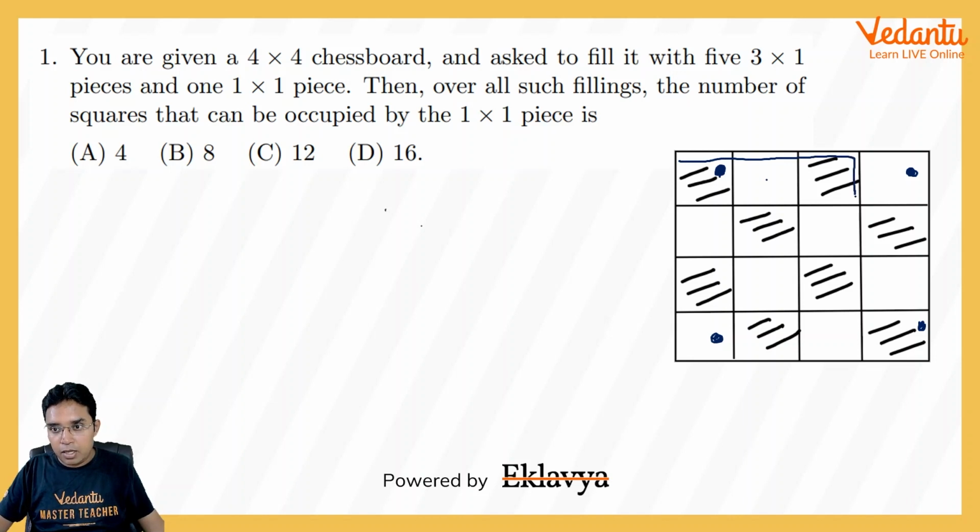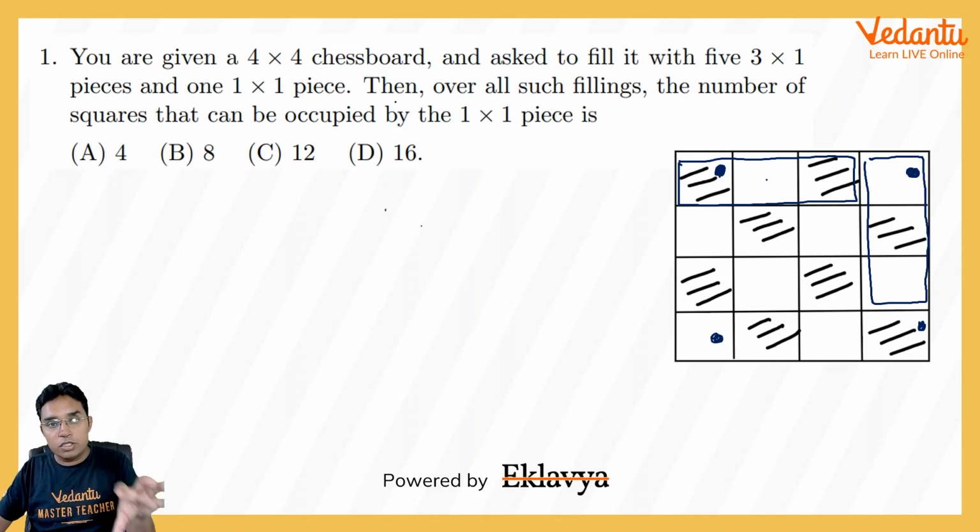I am taking a horizontal 3x1 piece so that it covers this corner and also 2 other boxes of this chessboard. Now, if I have to fill this corner also using a 3x1 piece, because no overlapping is allowed, I should put it this way. Then only will I be able to fill this corner also, and this 3x1 piece will cover 3 boxes which are not covered already.